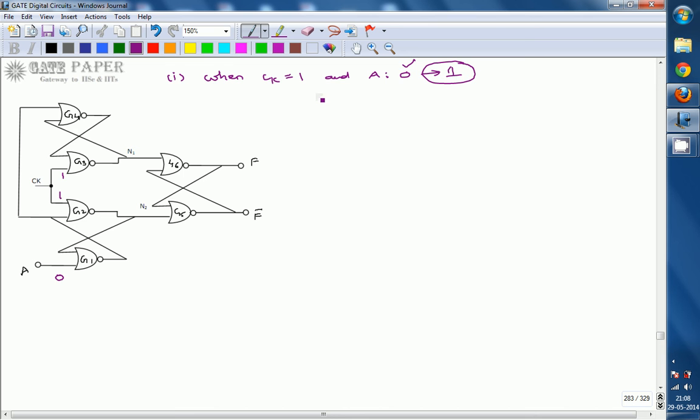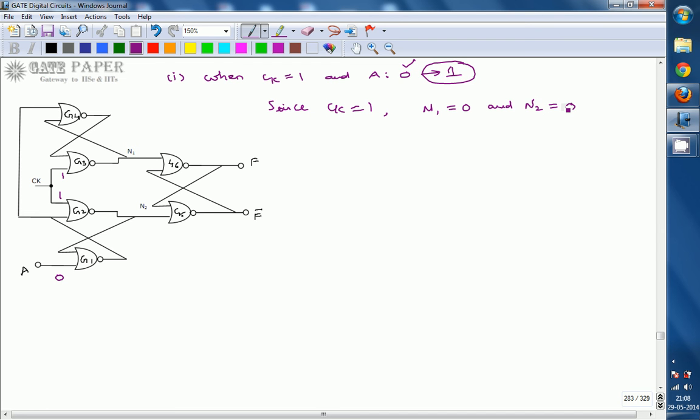Since CK is equal to 1, that makes the output of G3, which is N1, equal to 0, and N2 is also 0. Because CK is equal to 1, at least one input is 1, so the output of the NOR gate is definitely 0. So the outputs of G3 and G2 are 0, which are the N1 and N2 nodes.